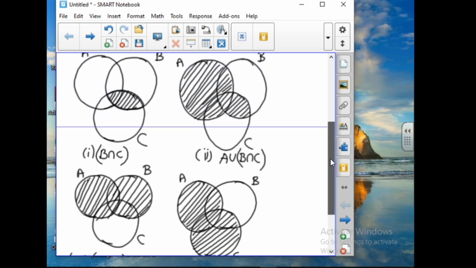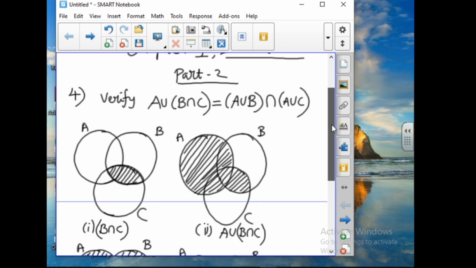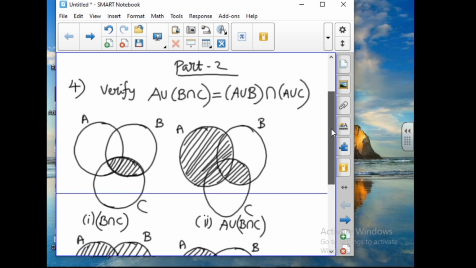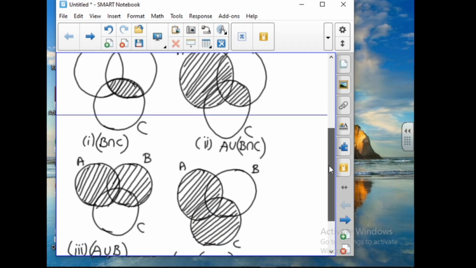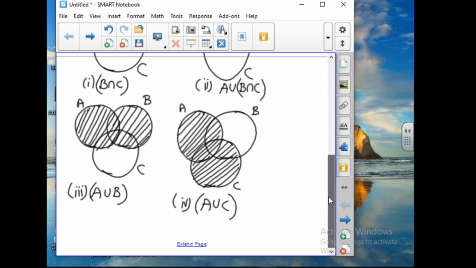Then next, what do you want to find? See the right hand side, A union B intersection A union C. That means for the third diagram and fourth diagram you have to find the common parts.